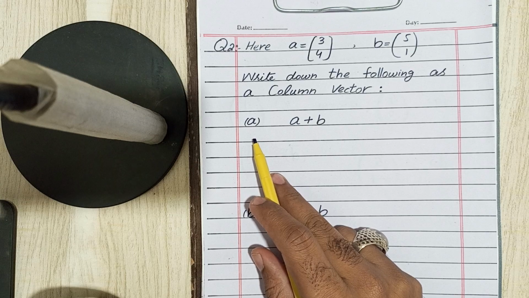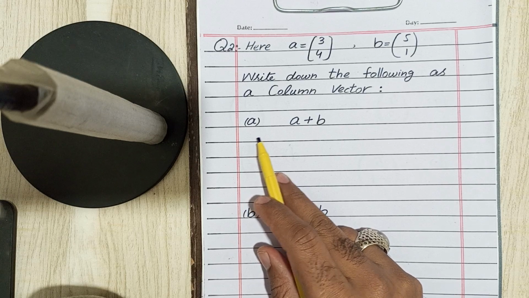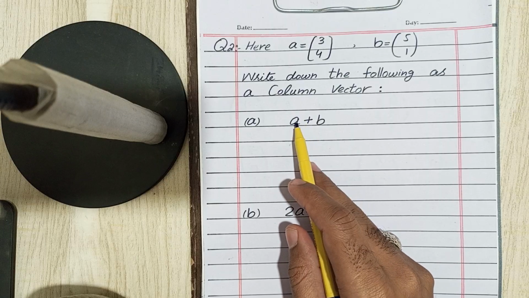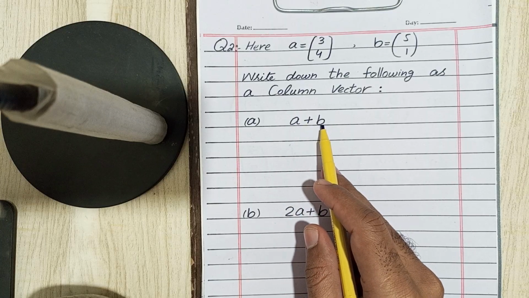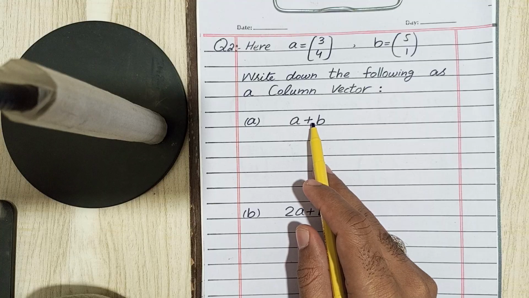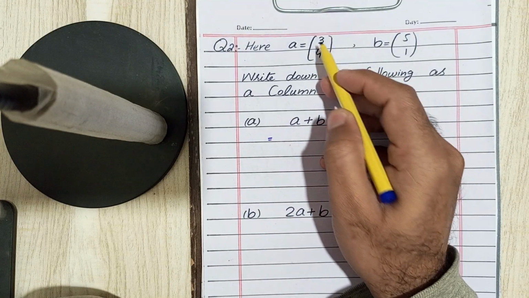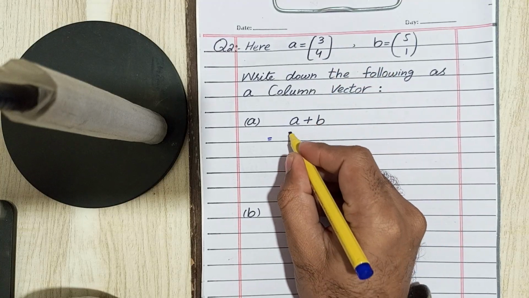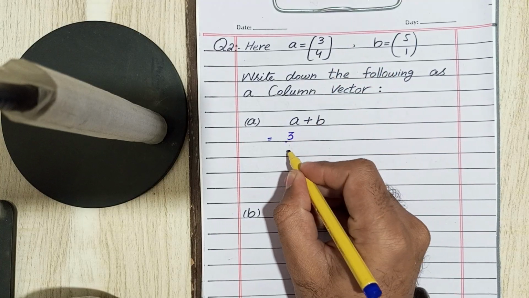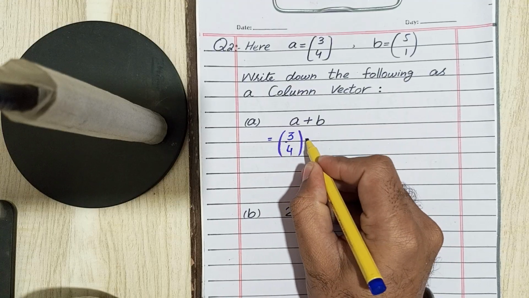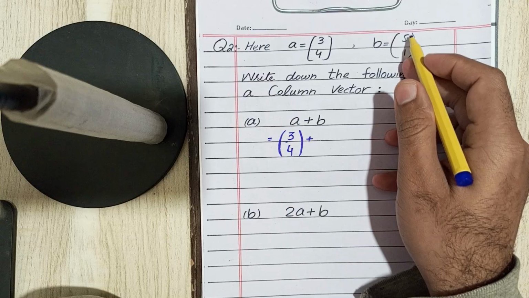In the first part we have A plus B. Here we have vector A and here we have vector B. To sum these vectors, first of all we put the value of A. Column vector A has 3 and 4, plus column vector B has 5, 1.